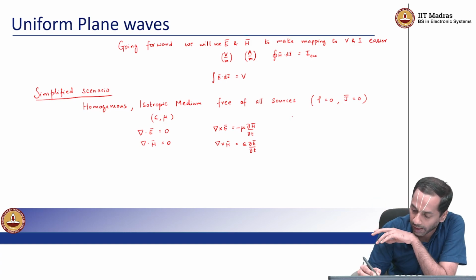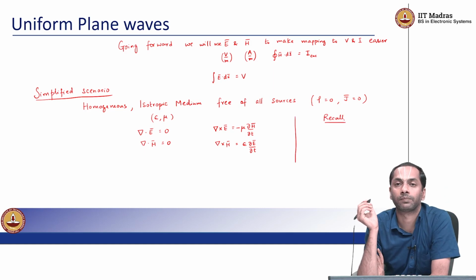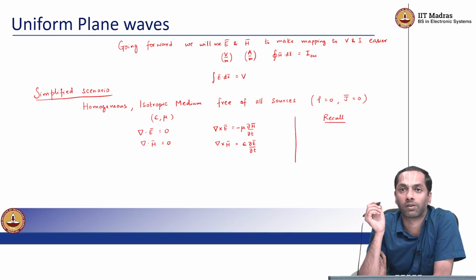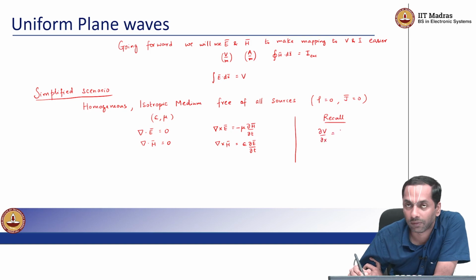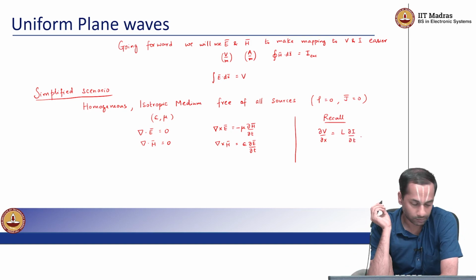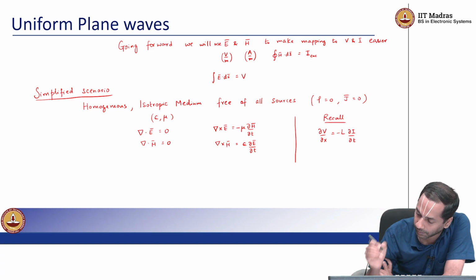So I want you to also parallelly recall the equations that we got from the frequency domain analysis of transmission lines, right? So what were the equations for voltage and current? We had dou V by dou x. This was the first of the telegraph's equations. Right? I believe there was a minus sign there.